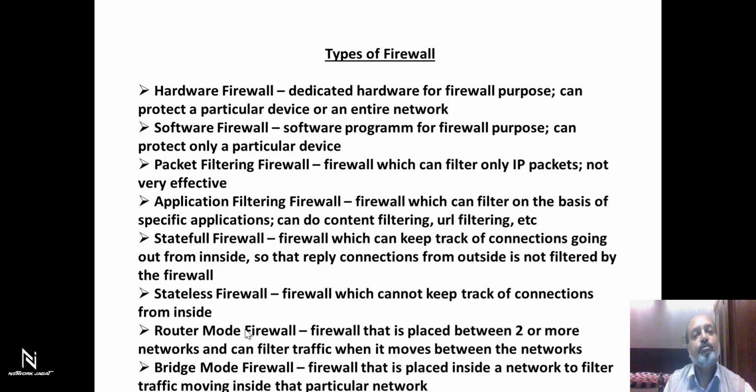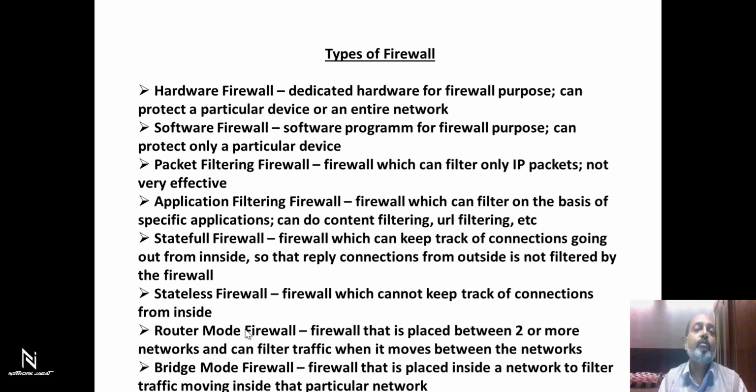In terms of providing gateway, in terms of providing security, in terms of providing the route, it is doing everything for all the hosts which belong to that particular network. That's why it is a router mode firewall. It is a firewall, at the same time it is working as a router also.